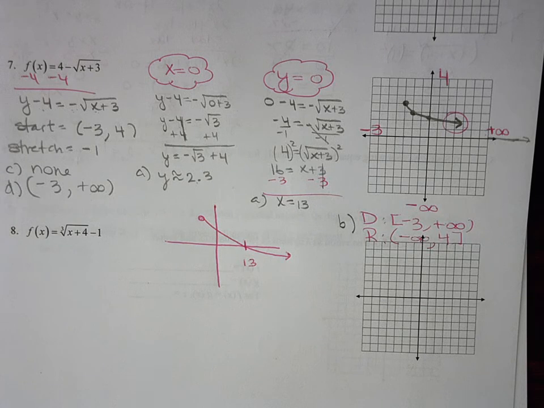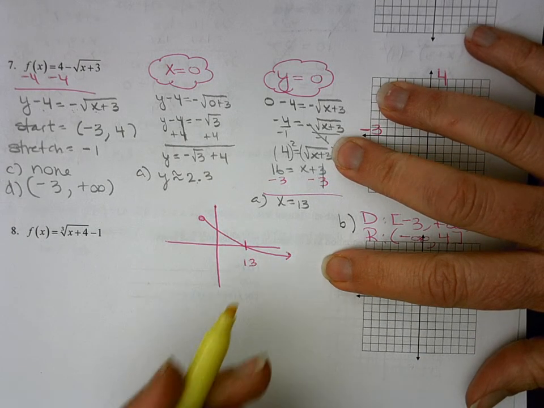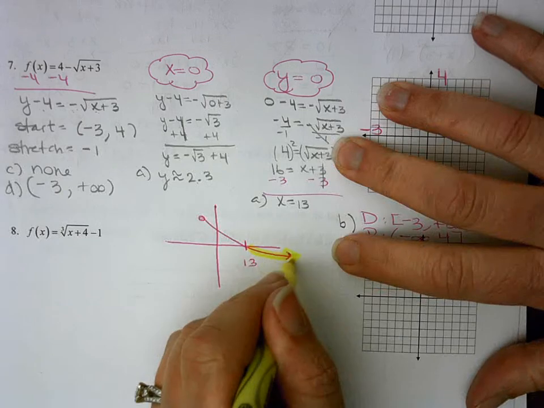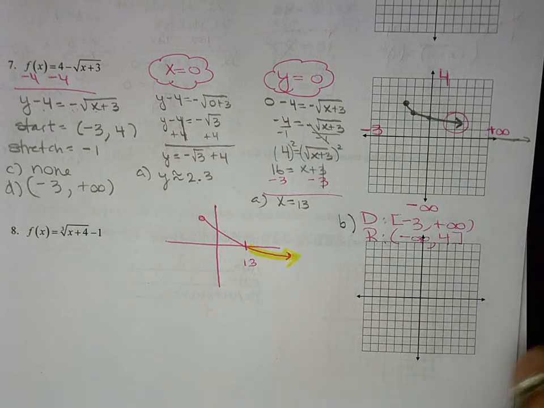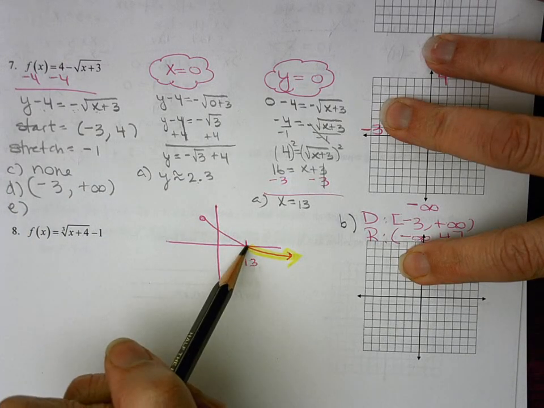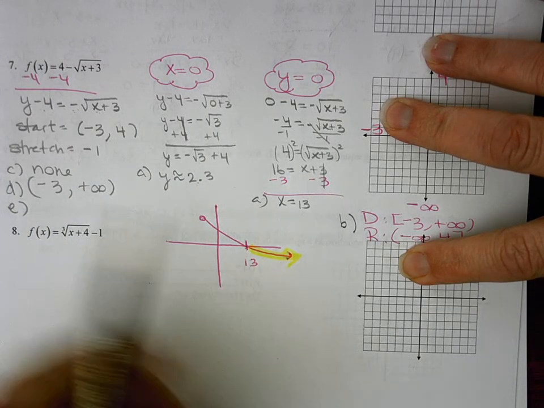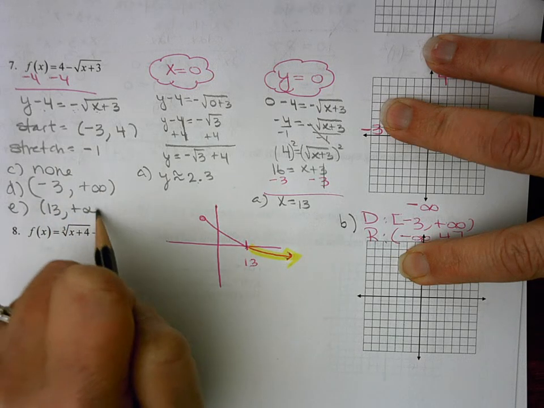And so I know that my function is negative for part E when I am below the x-axis. So that would be that portion there, right? That's where we are negative. So for part E, my function is negative from 13 to infinity. And it said open interval, so that would be all parentheses.